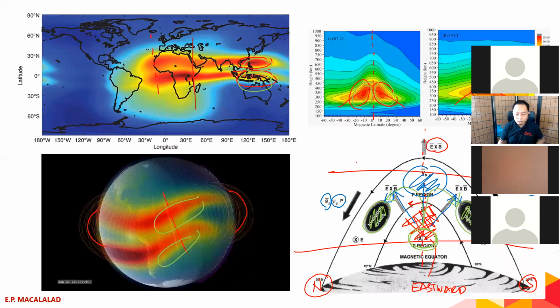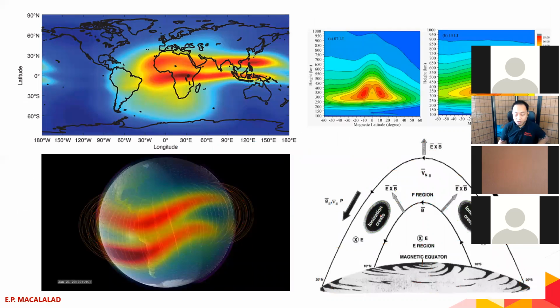So for example, I will erase everything here. Yung ionization crest dito, meron kang ionization. Tapos magkaroon ka ng neutral wind that is equatorward. Neutral wind yan. This is a flux tube kasi. Your charges will only move along this direction.